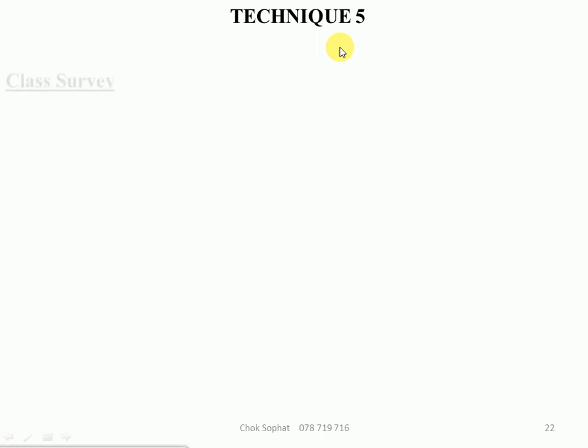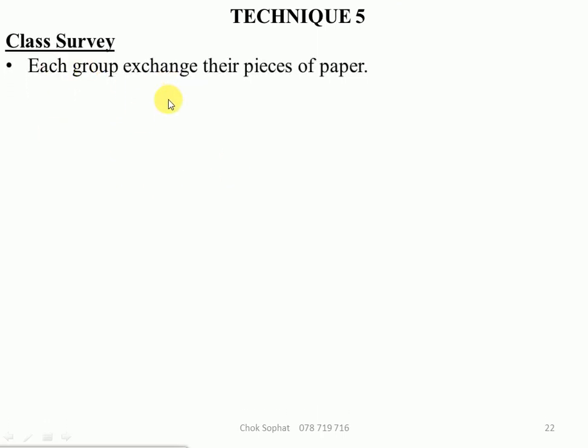Okay, technique 5: class survey. What do we want our students to do with this technique? Each group would exchange the piece of paper. So we can use technique 4 as the advantage of technique 5. We can ask the students to exchange the paper that they wrote, the sentences that they wrote.